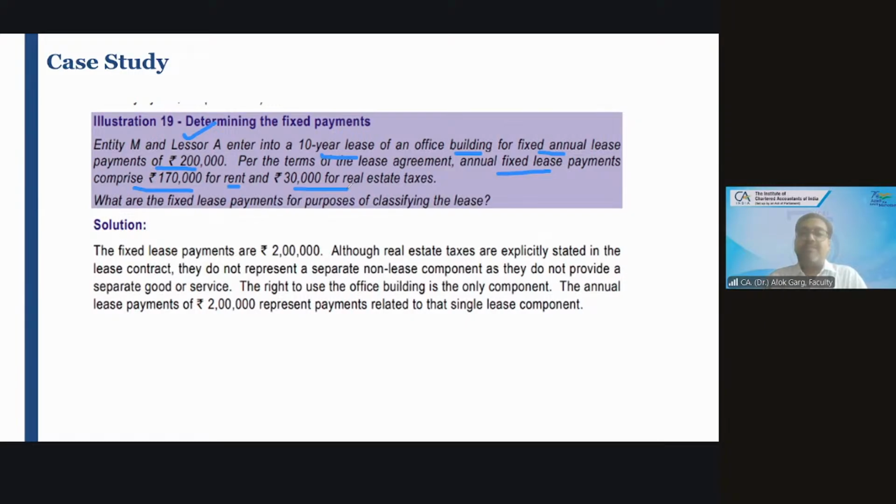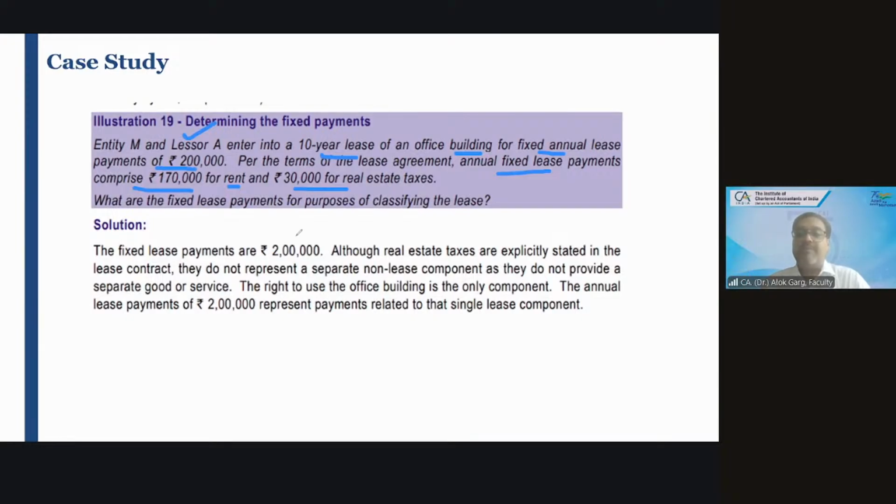What are the fixed lease payments for the purpose of classifying the lease? 2 lakhs, sir. So the annual lease payment is 2 lakh, because for the lessee, this 2 lakh is the lease rental, whether he is depositing for real estate taxes or whatever.